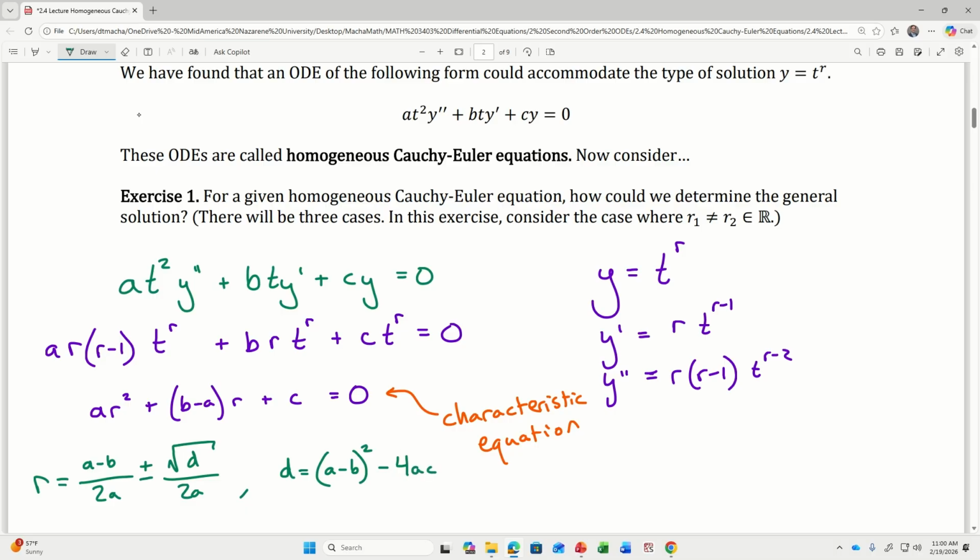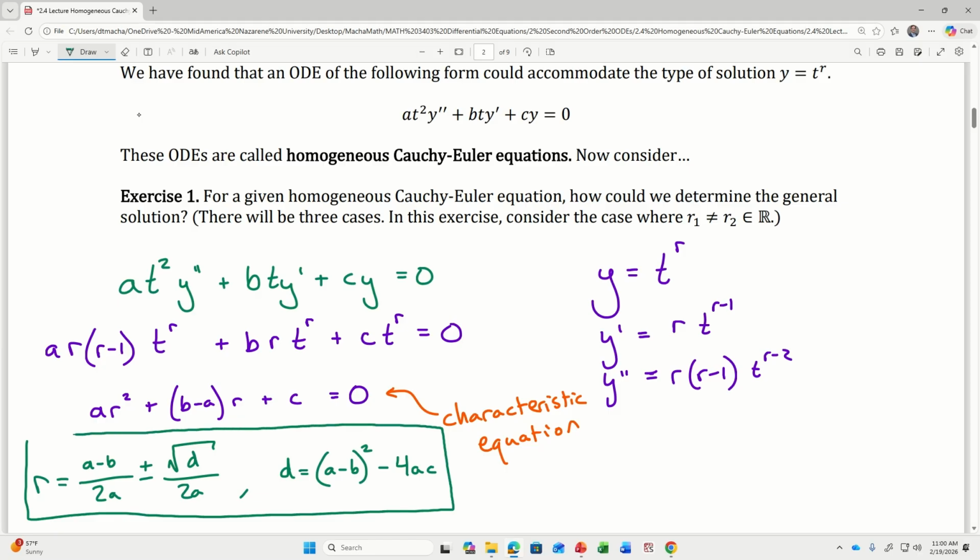So you can write it either way, it doesn't matter. But this is the formula that gives me the roots or the solutions to my characteristic equation. And therefore, that's going to tell me what these r values are for my solutions.